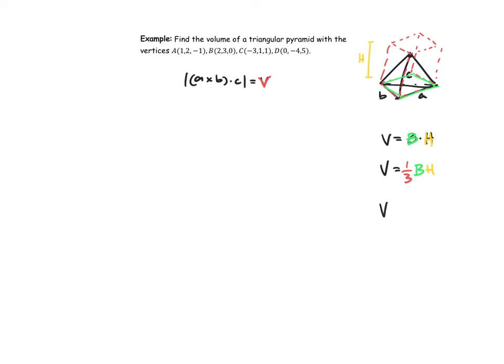So we've actually adapted this to be 1/3 times the area of the base. The area of the base is going to change from a parallelogram to half of the parallelogram, which is a triangle, times the height. Okay, so what do we got here? So what we have essentially is 1/3, okay, times 1/2 times the mixed product.